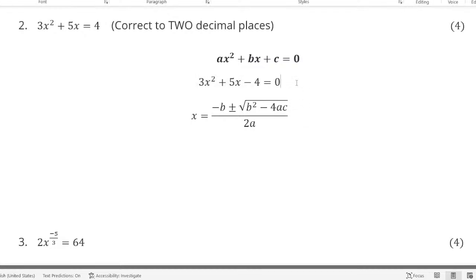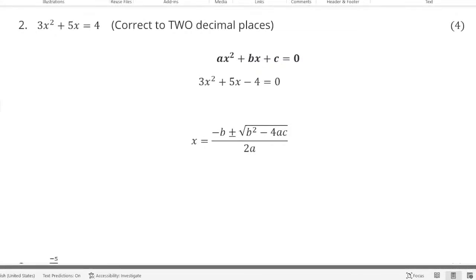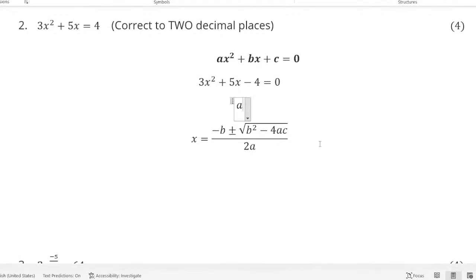So here, let's just make our lives easy by writing the values of a, b, and c. What is the value of a? The value of a is the coefficient of x squared, in this case 3. So a is equal to 3. Then the value of b is the coefficient of x. In this case, b is equal to 5, right? Then the value of c is the number without x.